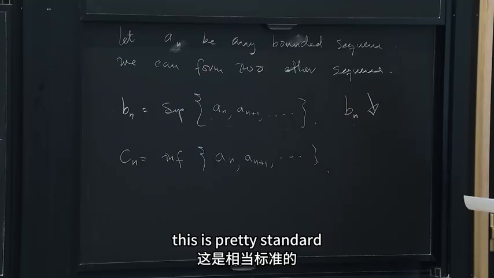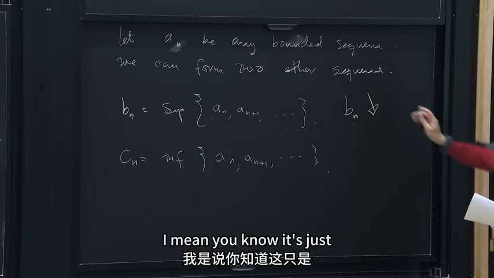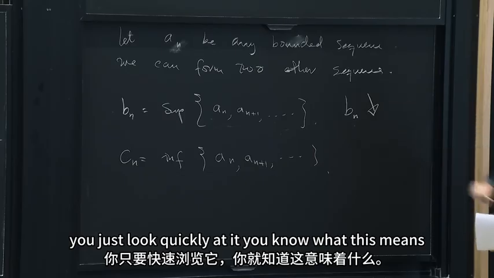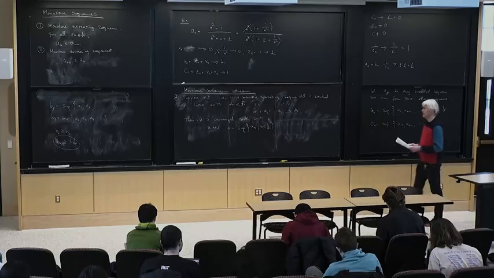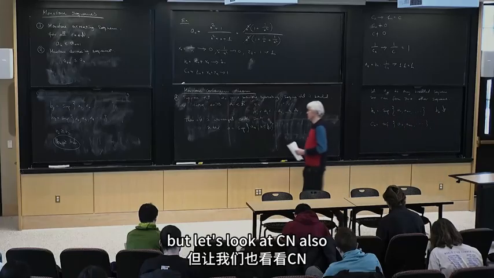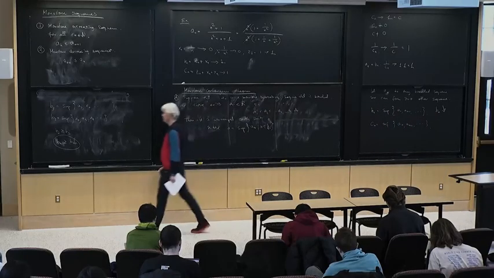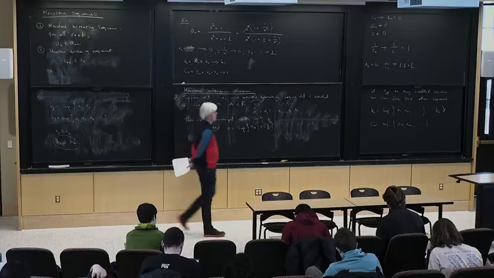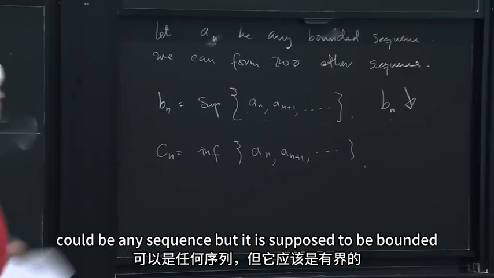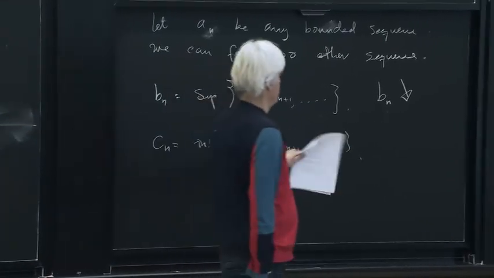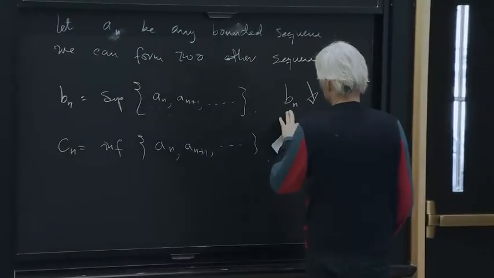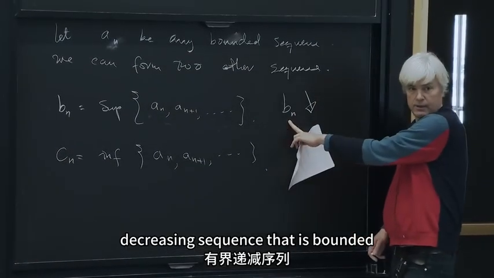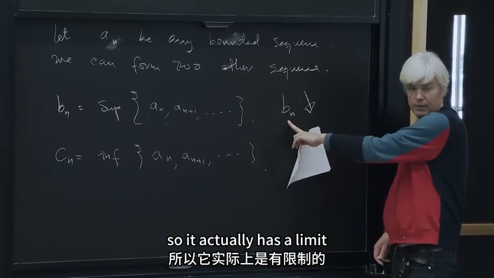This is pretty standard; if you just look quickly at it, you know what this means. But let's look at Cn also. Remember that we assume that An could be any sequence, but it is supposed to be bounded. So this is now a monotone decreasing sequence that is bounded, so it actually has a limit.